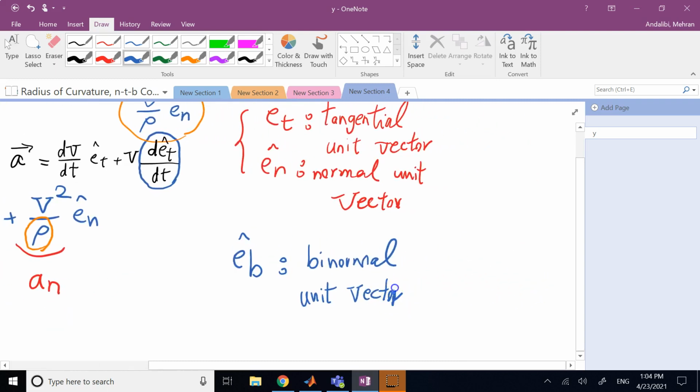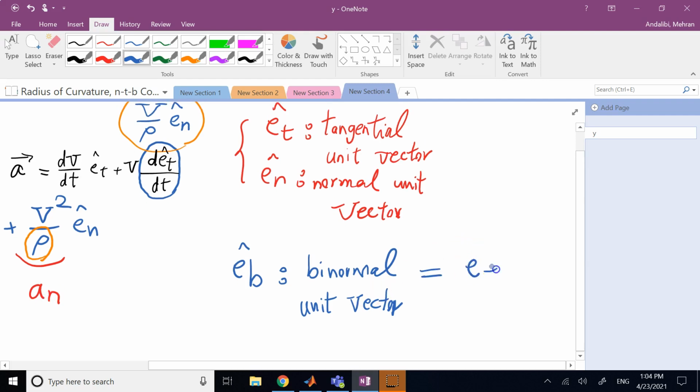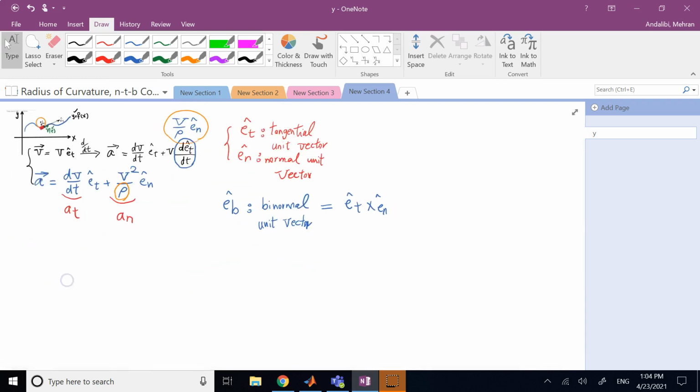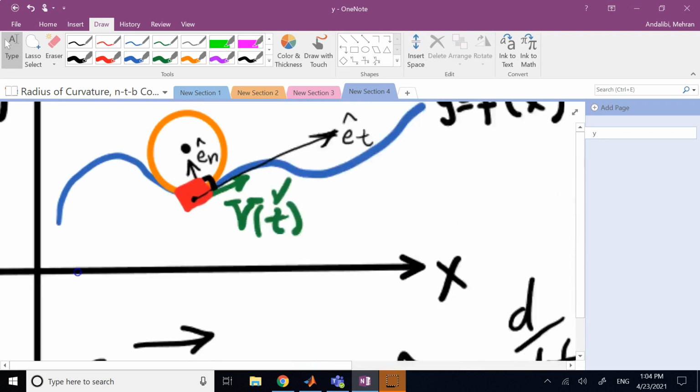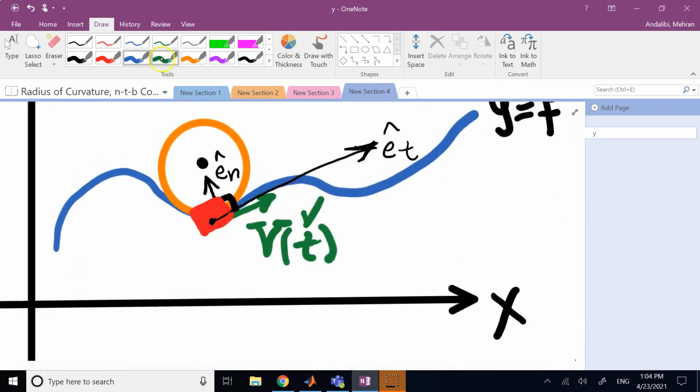And this binormal unit vector can be evaluated at any point by ET cross EN. It's the cross product of ET and EN, and it's out of the plane. So for example, in here, if I want EB, the binormal, it is out of the plane. So this is going to be your EB, out of the plane.